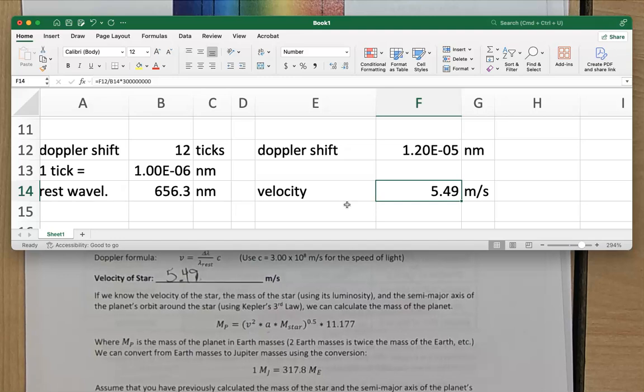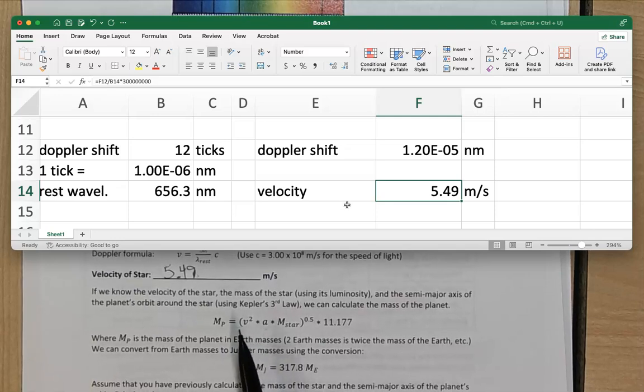And we absolutely need the velocity in meters per second because that's how this equation is designed. This equation is designed such that you're going to put the velocity in meters per second and you're going to put the orbital distance in AU, same as always. And you're going to put the mass of the star in solar masses. And that gives us the mass of the planet in Earth masses. Okay.